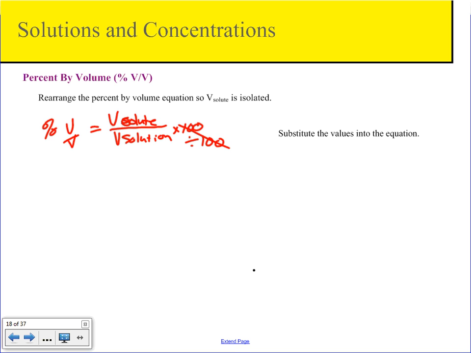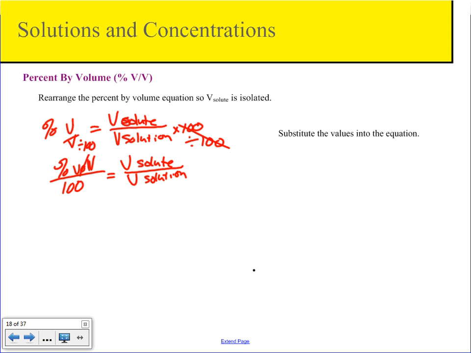That's going to allow me to cancel that out. So now I have percent by volume, or V over V, divided by 100 is going to give me the volume of solute over my volume of solution.